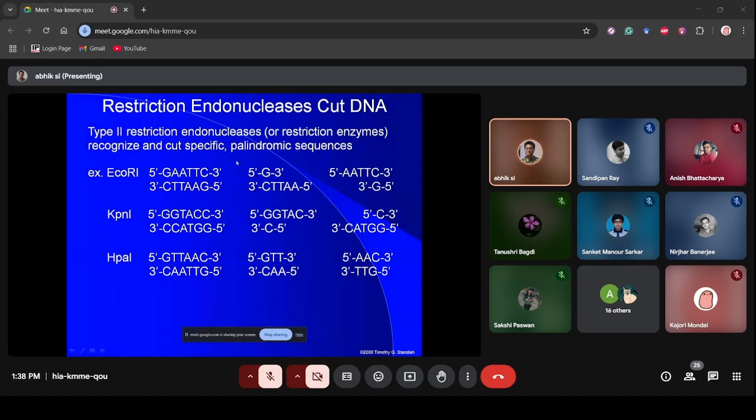So irrespective of the sequence on the left part or the right part, if it is treated with EcoRI and any DNA molecule is fragmented, then whatever the sequence may be here or here, the end sequence is known to me, and that is TTAA and AATT.